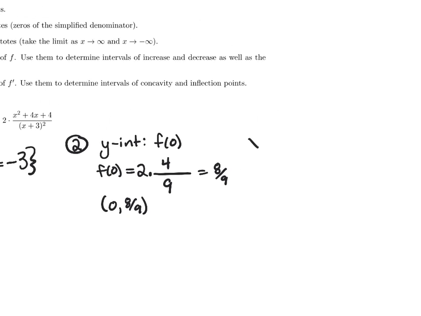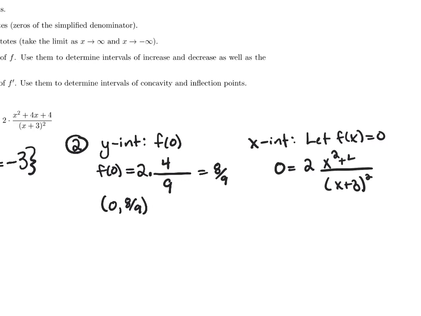If I want to find an x-intercept, you need to let your function equal 0. And this is where we might want to start working on some factoring of this function. So my denominator is (x plus 3) squared. Then I have x squared plus 4x plus 4. Now I know that I can pretty much cross multiply that denominator, get rid of it.